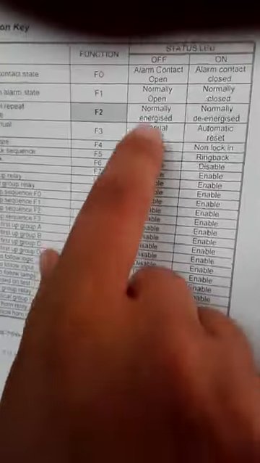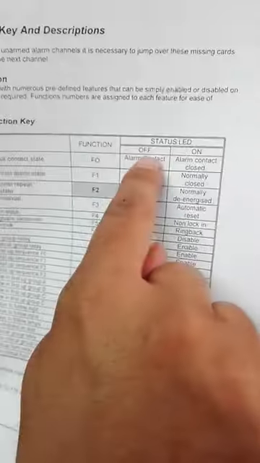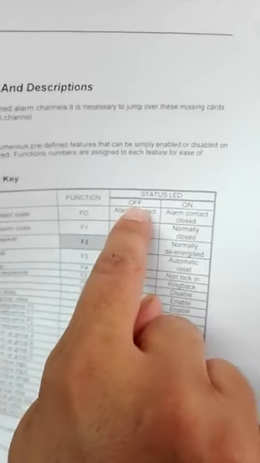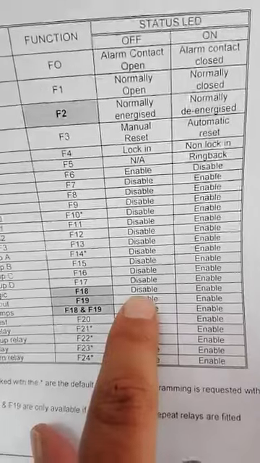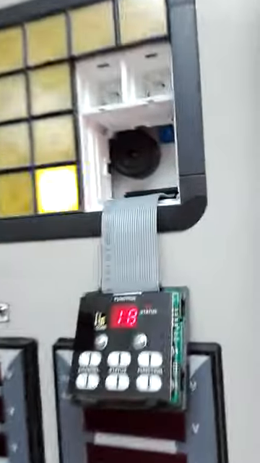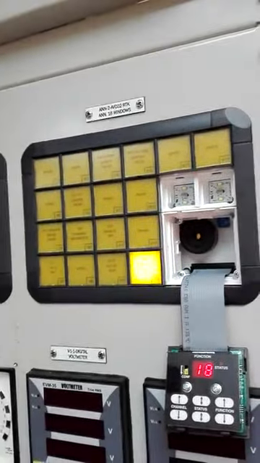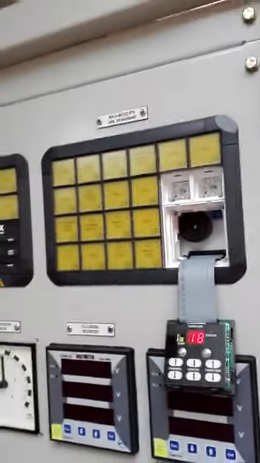As I explained, we need this disabled, which means the LED status should be off, for our requirement in this AVC panel. These are already disabled. All the 16 windows are disabled. You can see it here, no one glows. So this portion also finished. Then move to F19.